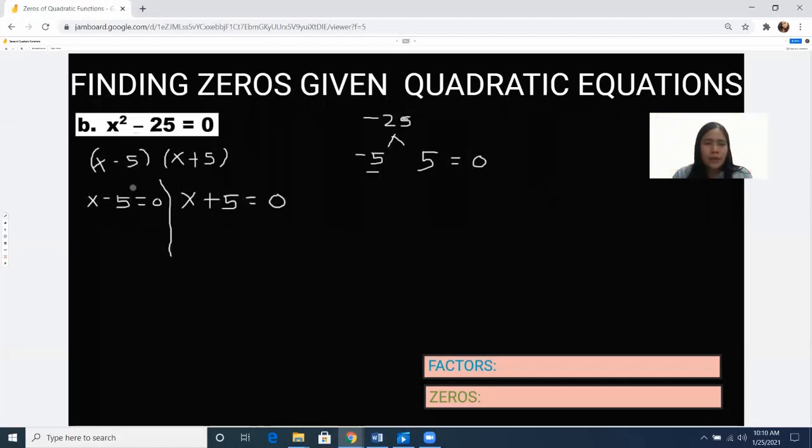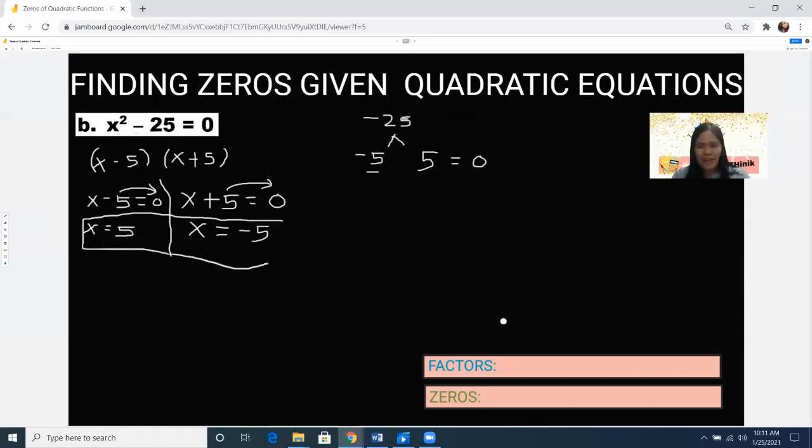Then solve for x. Take note that when you move a term to the other side of the equation, you will change the sign. So from negative, it will become positive because we move it from left to right. Likewise in here, we move the constant, which is positive 5, across the equal sign. It will now become negative 5. So the two roots are positive 5 and negative 5.